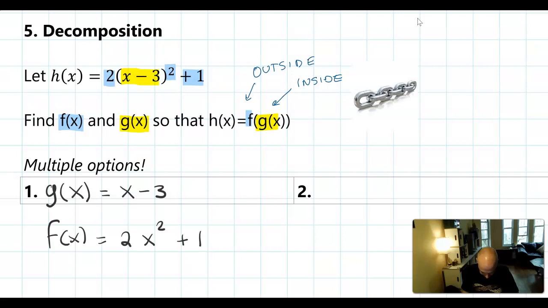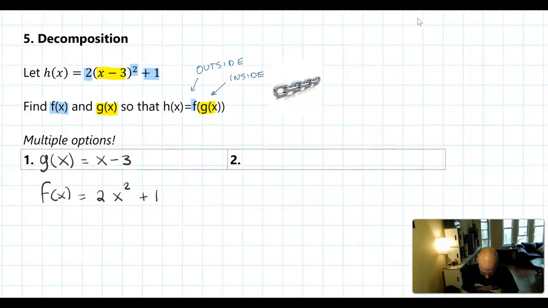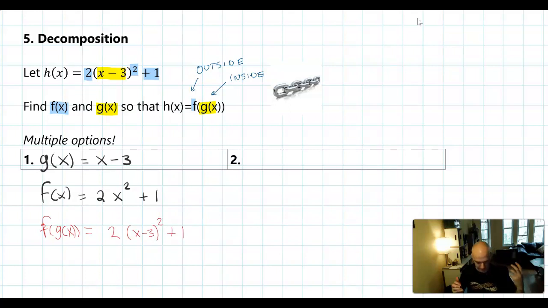And then you could check this by doing f of g of x. If my g of x is x minus 3, I would square it, multiply it by 2, and add 1, and that's the same as the h of x. And that's all decomposition is saying: pick an inside function and an outside function and write them separately.